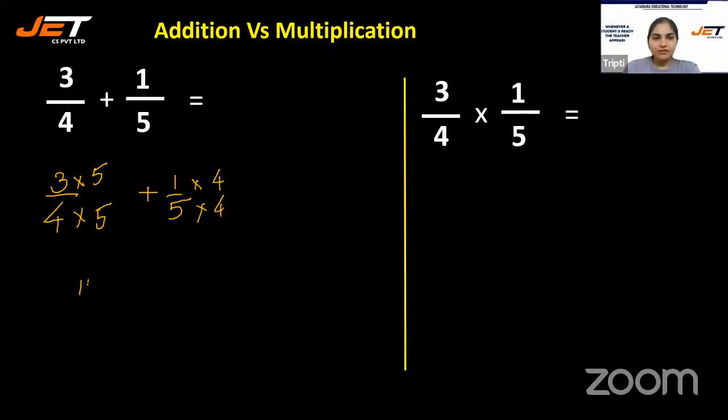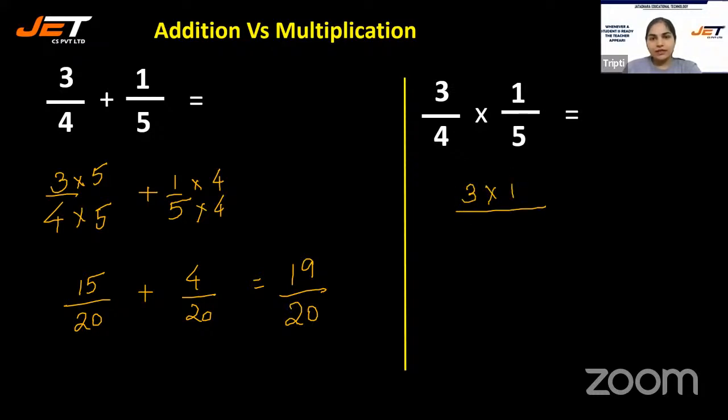Here 3 times 5 is 15, 4 times 5 is 20, plus 1 times 4 is 4 and 5 times 4 is 20. 15 plus 4 is 19 by 20. Now here 3 times 1 is 3 and 4 times 5 is 20.